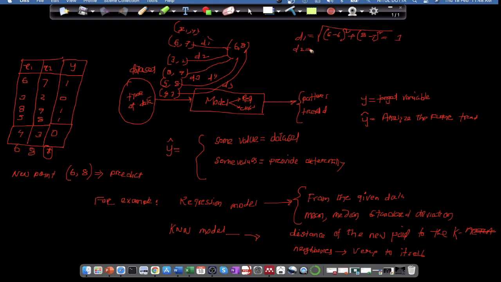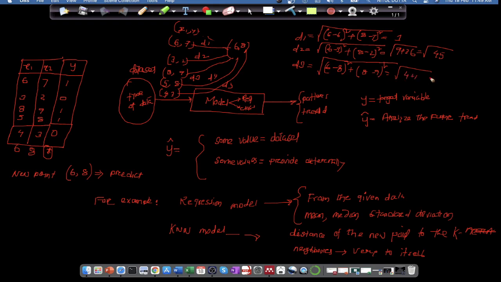Then d2 is equal to the square root of (6 minus 3) whole square plus (8 minus 2) whole square, which is equal to the square root of 9 plus 36, which is the square root of 45. d3 is equal to (6 minus 8) whole square plus (8 minus 9) whole square, which is 4 plus 1, equal to the square root of 5.